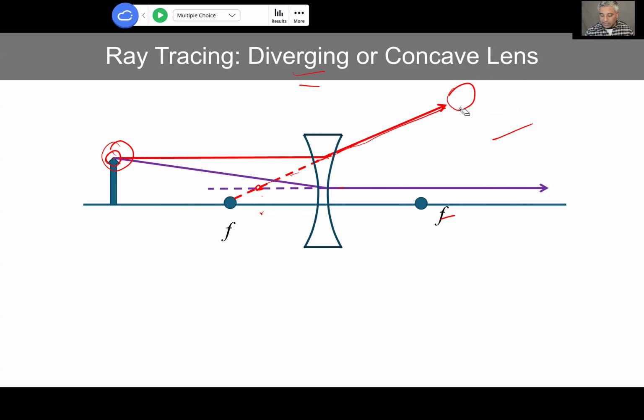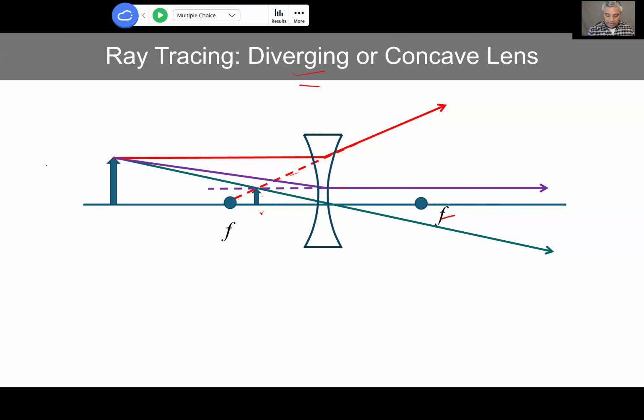So that's why we say that's where the tip of the image is. We can also draw one more that goes through the center of the lens. It should go from there if I drew it correctly. So that's where the image is.